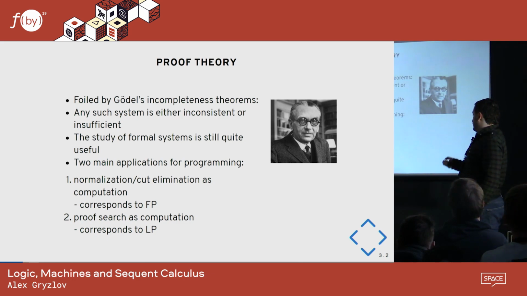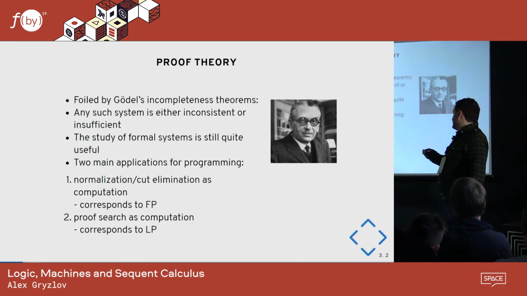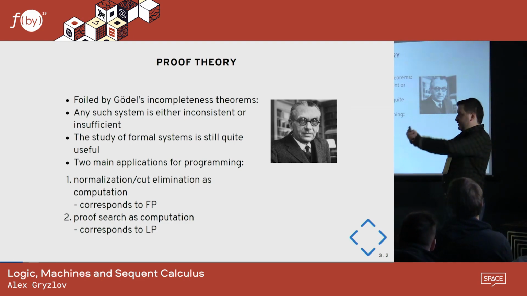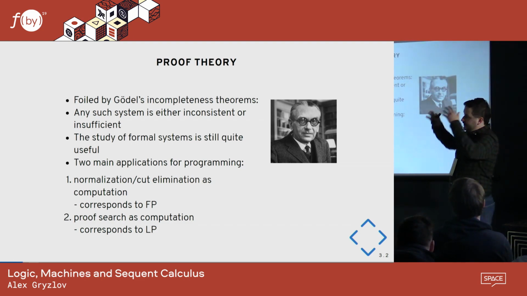The other way of applying it to computation is proof search as computation. Then your program state is a proof that you want to generate, and this corresponds to logic programming. If you have a set of constraints, you generate a statement that satisfies these things.